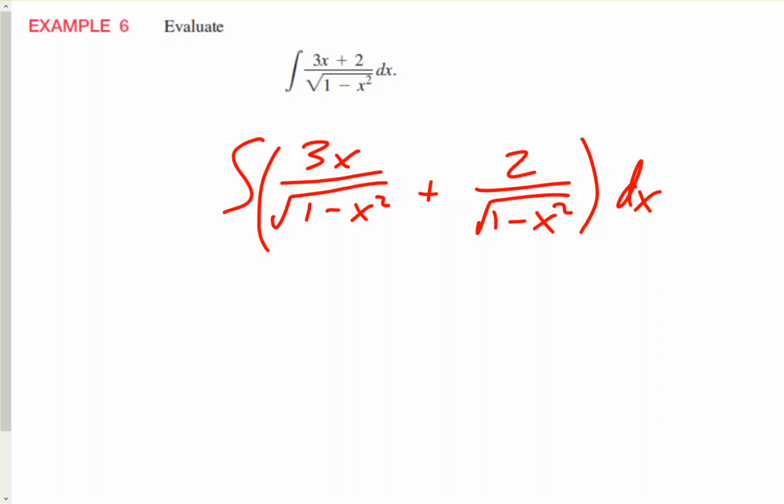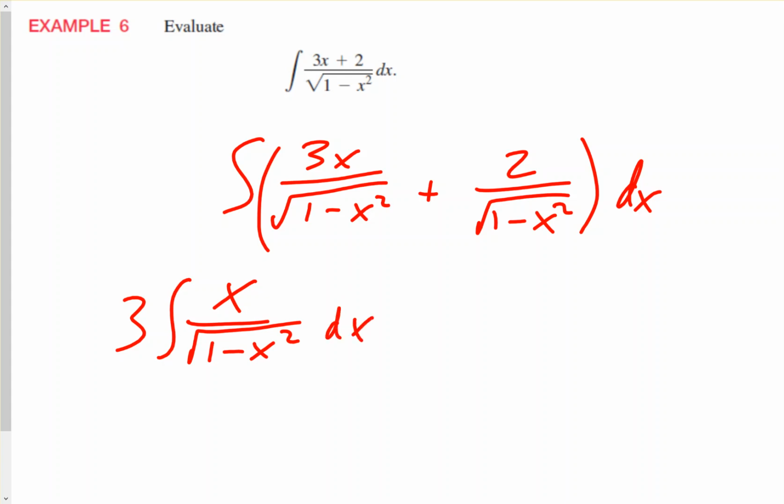As we do this, for the first part, we could pull out the 3. In fact, I'm just going to split the integral.